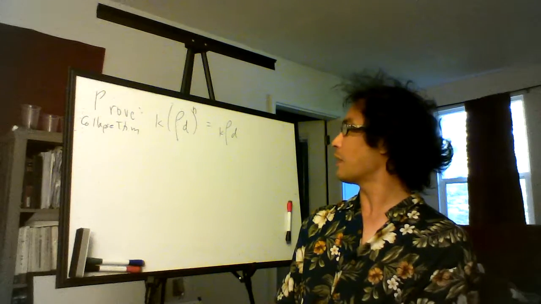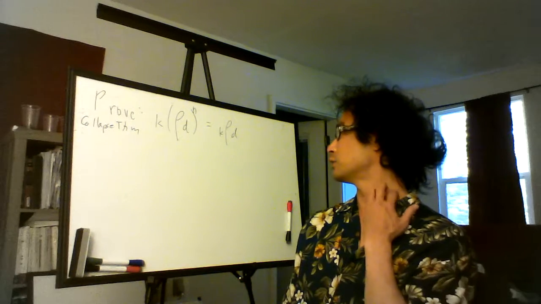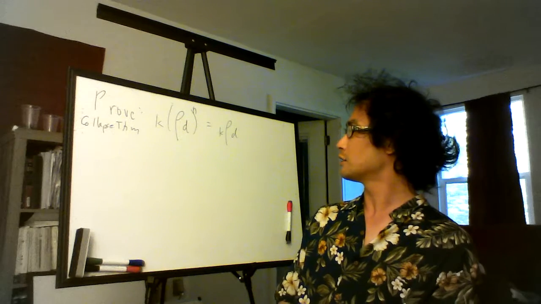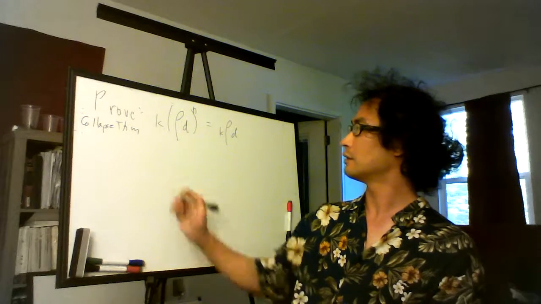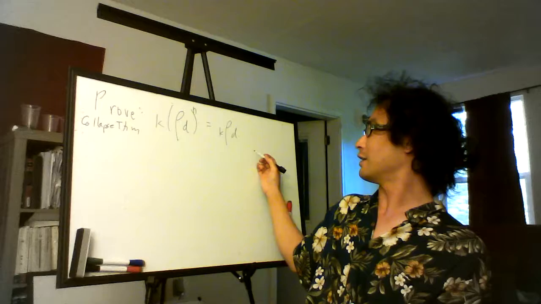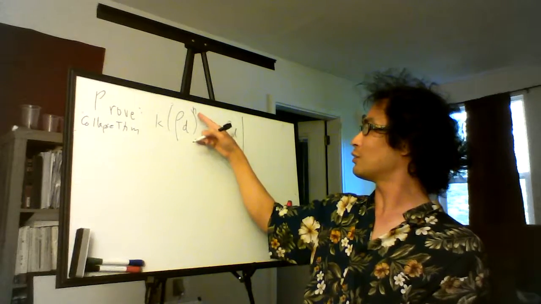So it's mathematical induction, right? So we have to prove this when n is equal to 1, okay? Starting case. Well, we have to define when n is equal to 1.